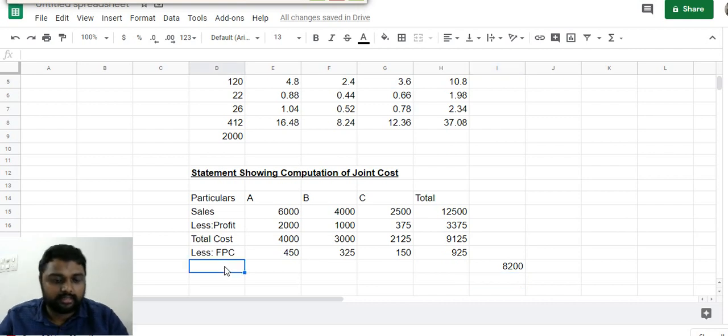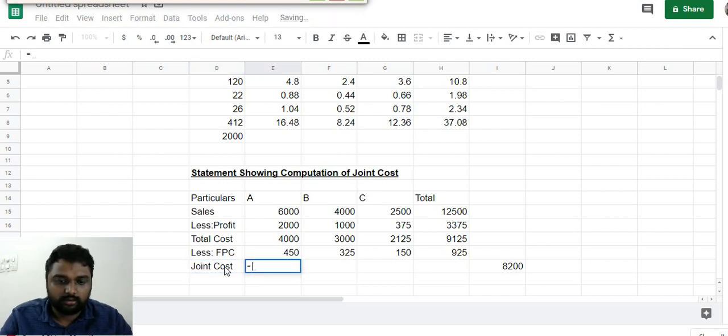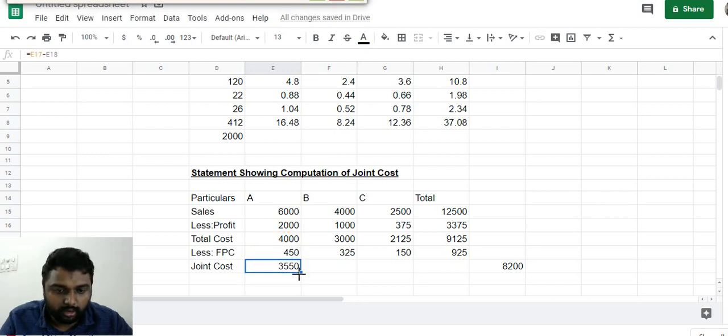Let us check whether we are getting it or not. After the total cost, if you reduce the further process cost, we should get the joint cost. See, first product 3,550.